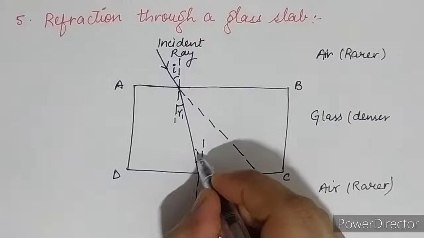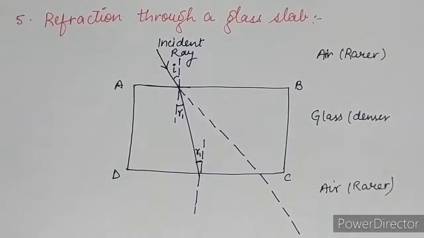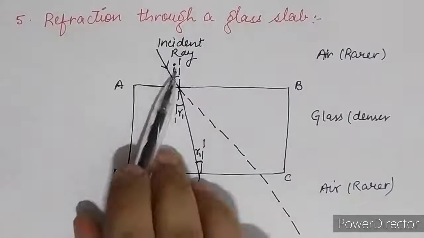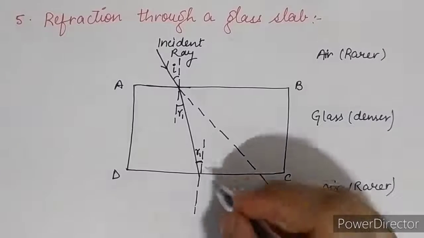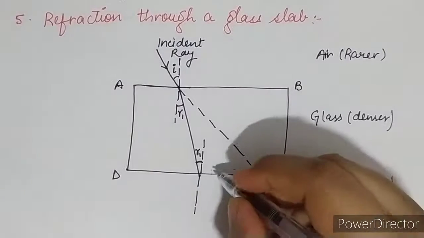I am denoting it again with r1 only, or you can call it i1 and this i2; it depends on you. Now it is moving from glass to air, that is, denser to rarer. Whenever a light ray moves from a denser to a rarer medium, it bends away from the normal.